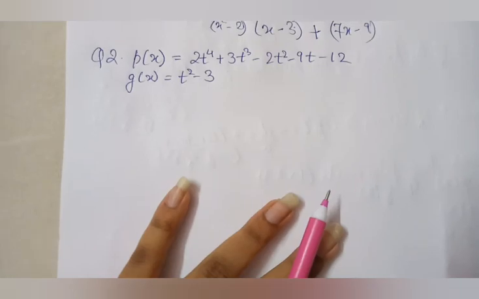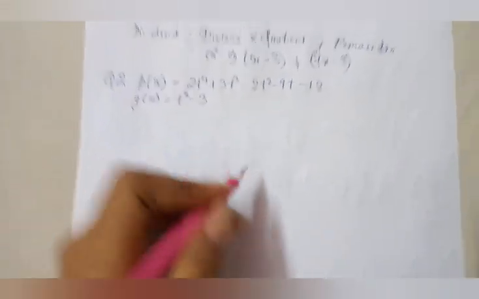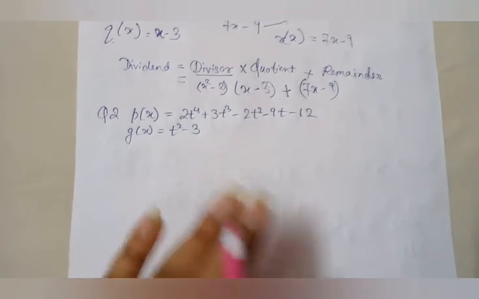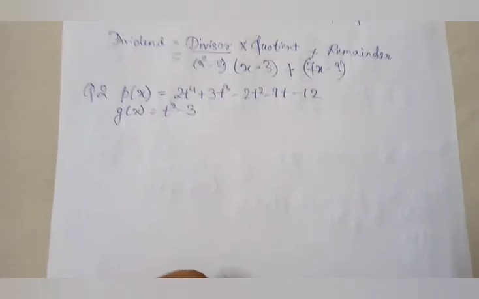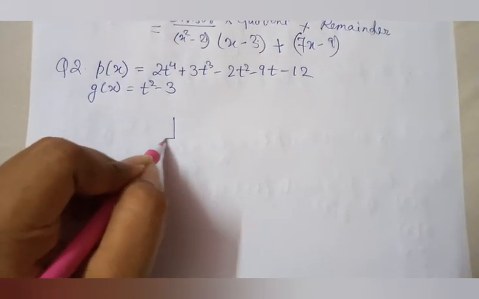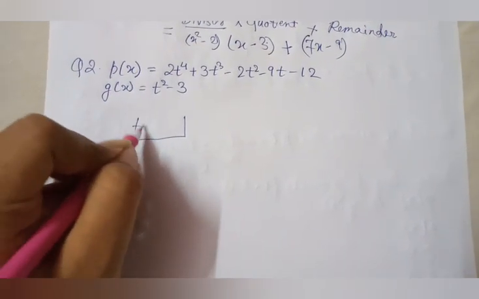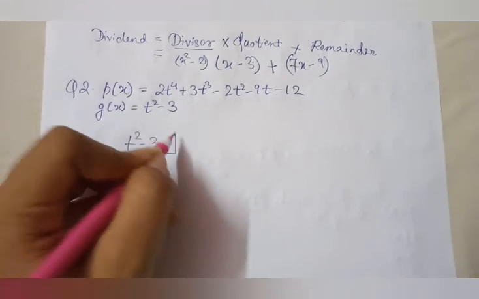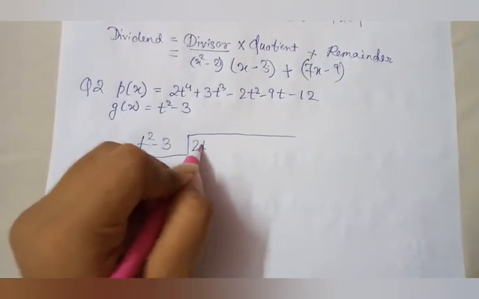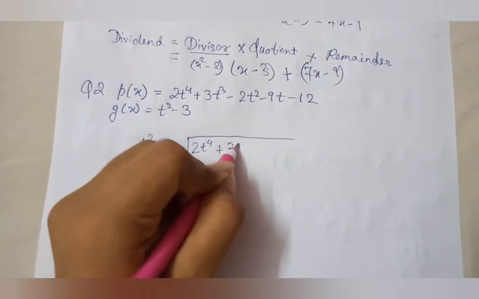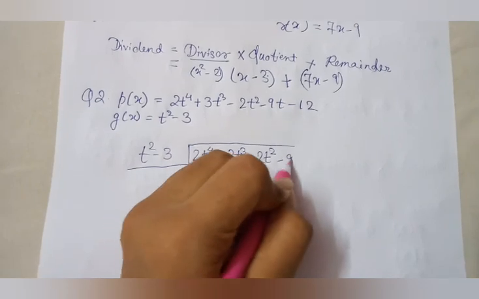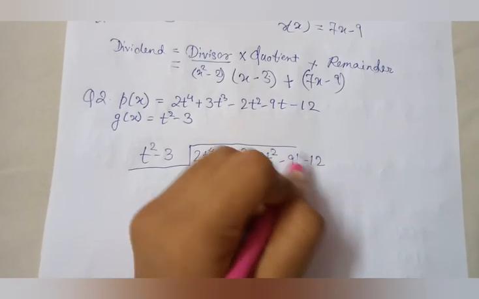Now we simply divide with this method, and we need to check whether the remainder is coming as 0 or not. So it is t square minus 3, and here it is 2t4 plus 3t cube minus 2t square minus 9t minus 12.